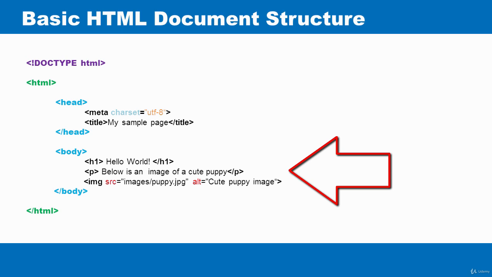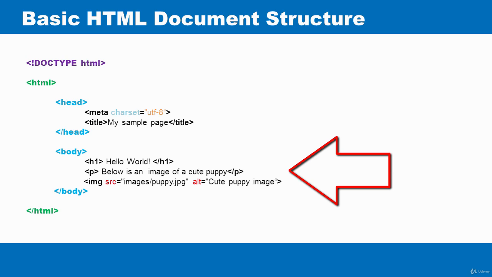Next, we've got the IMG, which is an image tag. If you want to add images to your web page, you use the IMG tag. The IMG is what is known as a self-closing tag. It doesn't have a closing tag. Inside the IMG tag, you have to specify a couple of attributes.